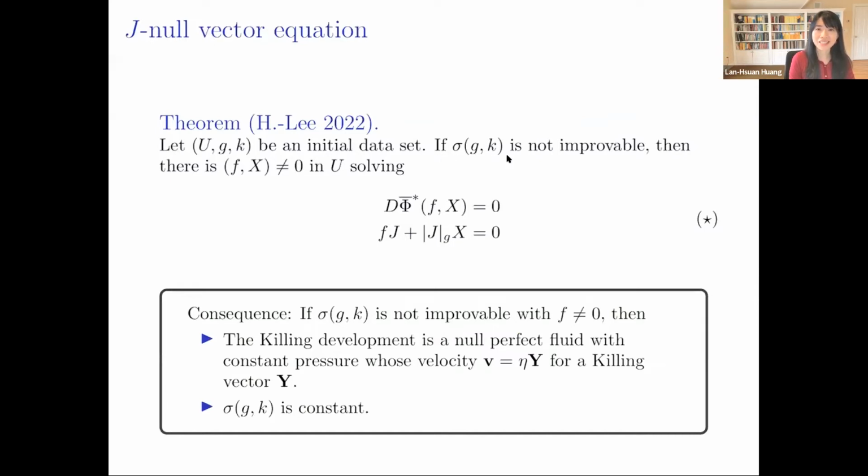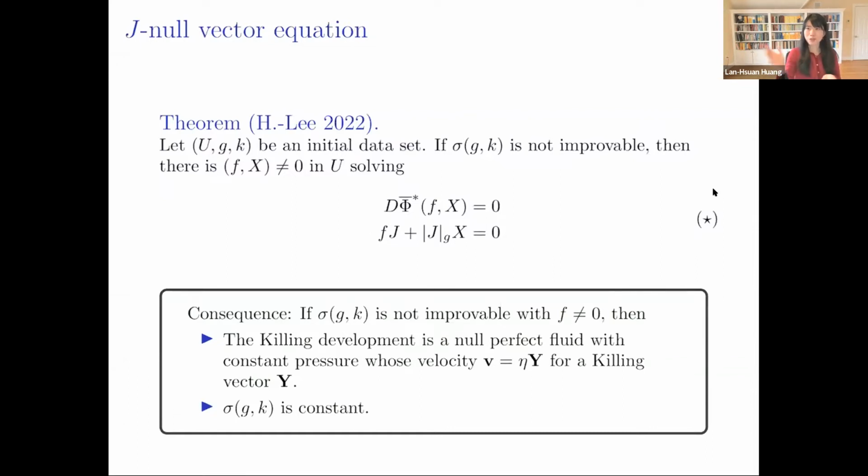So if this is not improvable, then by the previous result, we know there's a kernel element. But it turns out we can further show the kernel element is very special. It satisfies this further equation, this J null vector equation. So that's the same start system as the one which we have characterized related to null perfect fluid.